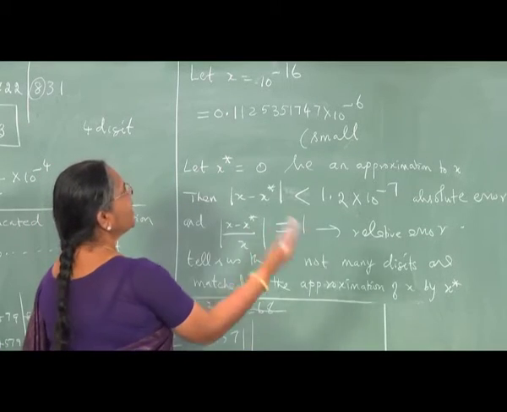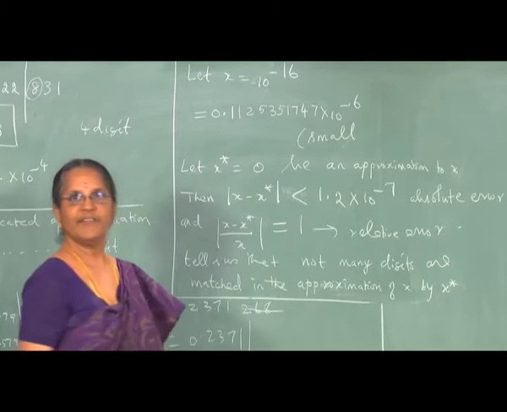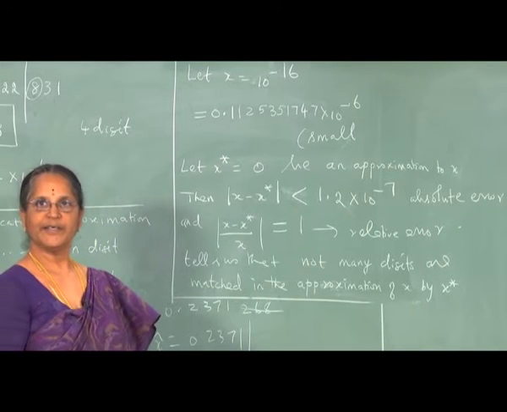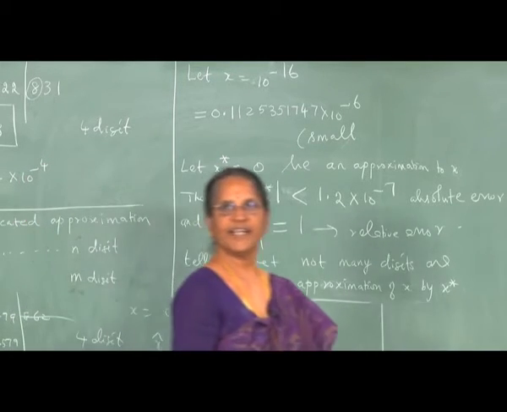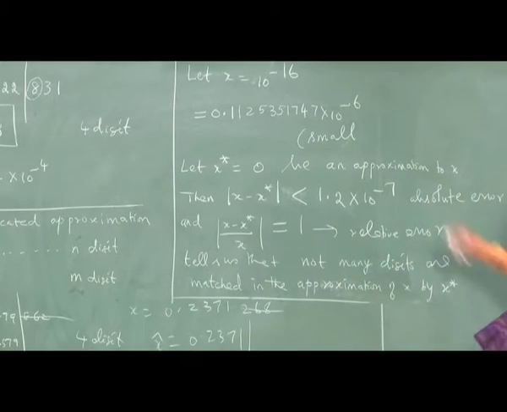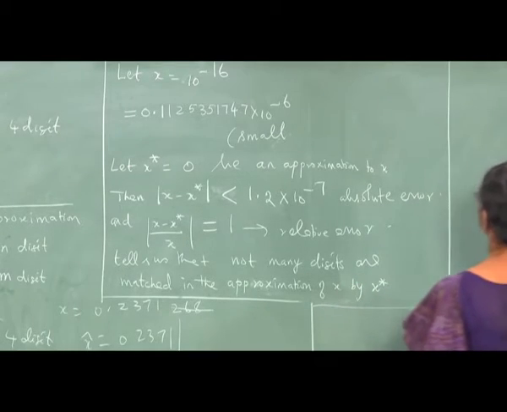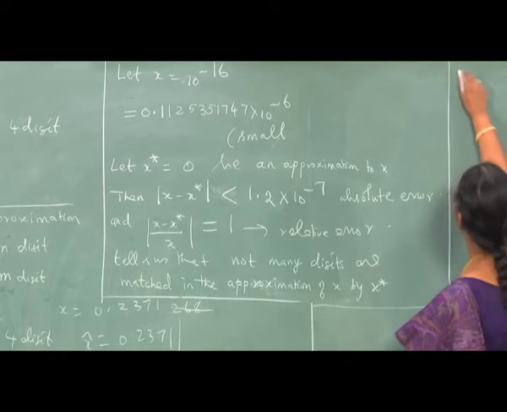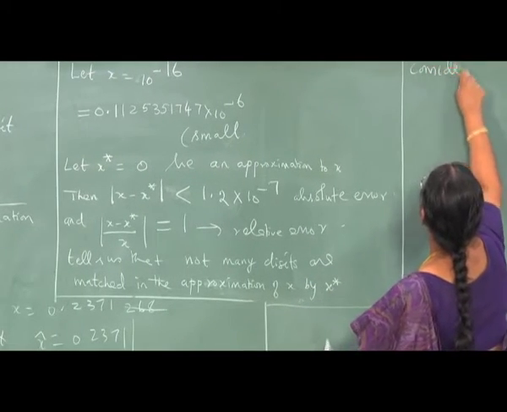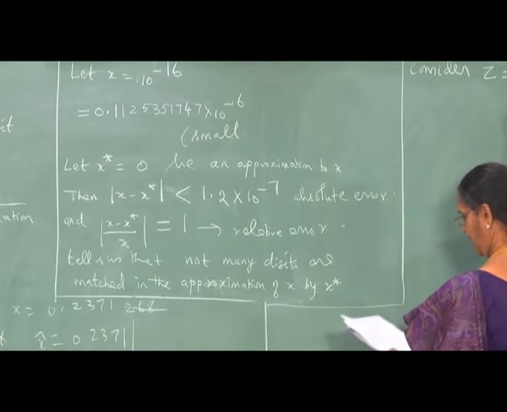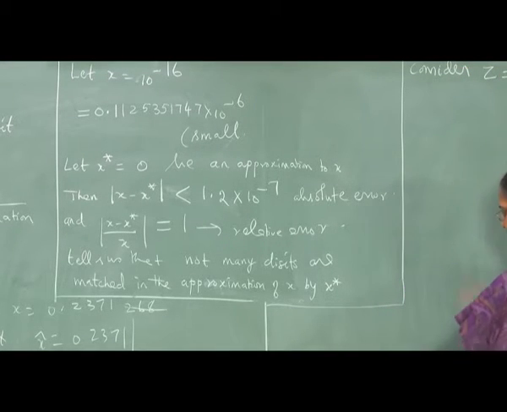So, you may say that this is because you have taken a very, very small number. Let us see what happens if I take a large number and then find the approximation. So, now I shall consider a very large number, say z, which is e to the power of 16.